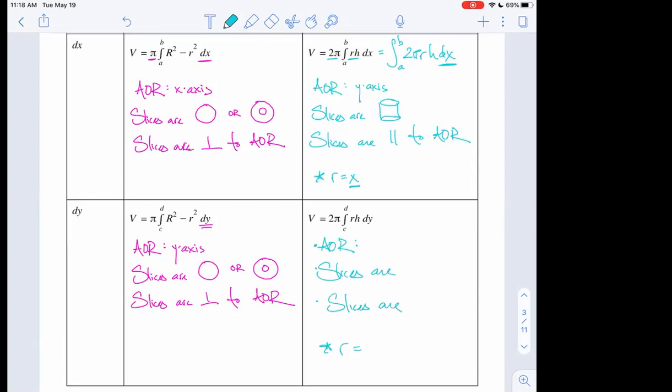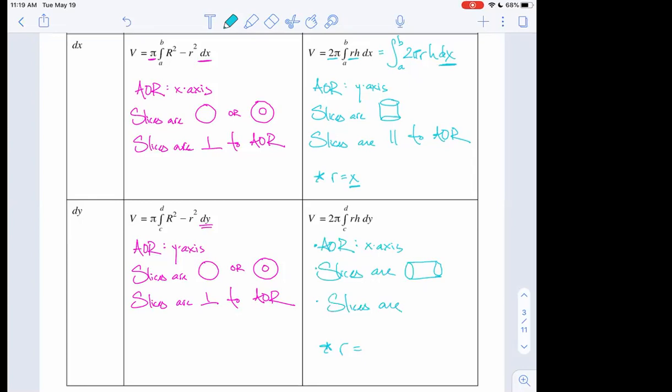Would it be the x-axis? It would be the x-axis, yeah. Okay. That means that our slices are cylinders, but they're not standing up and down. They're kind of going this way. So they're going like along the x-axis, okay?